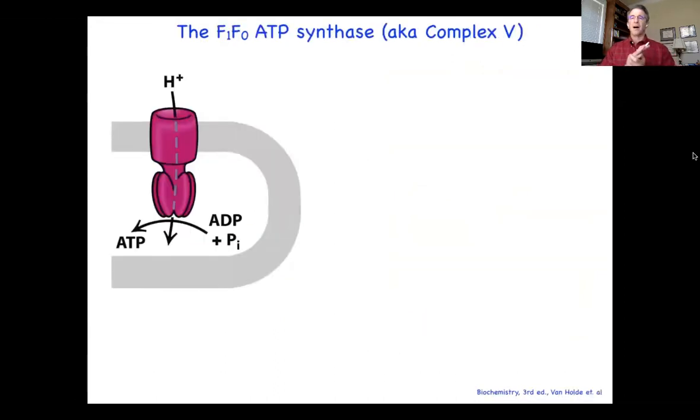As I said, when this thing was first identified, it was first identified as an ATPase, and for historical reasons I don't really want to get into at the moment, it came to be known as the F1F0 ATPase. In more recent parlance, people have started calling it complex 5 because it's sort of the last complex in the oxidative phosphorylation chain in all organisms that use aerobic metabolism like this, right?